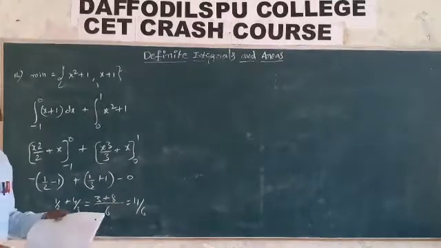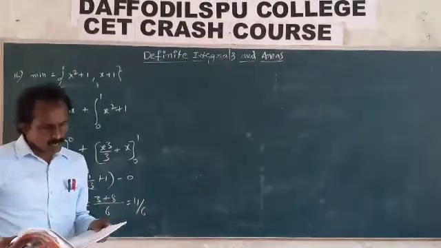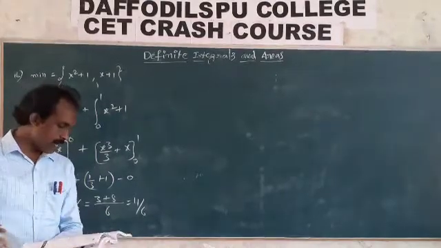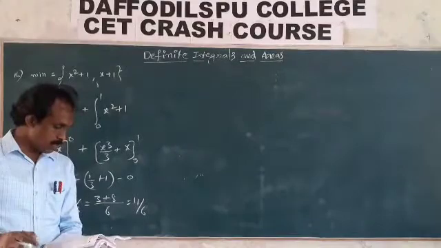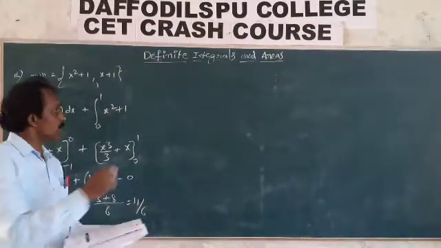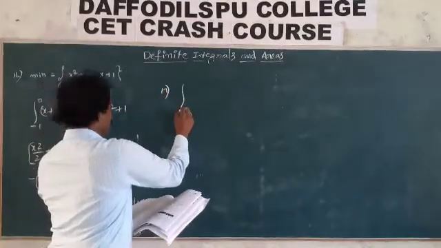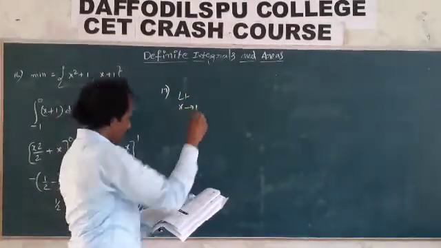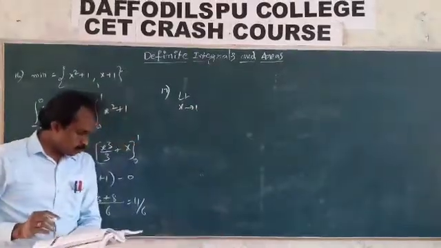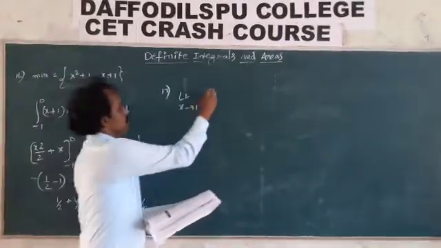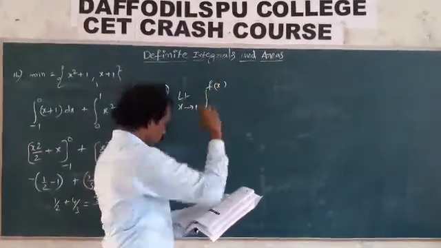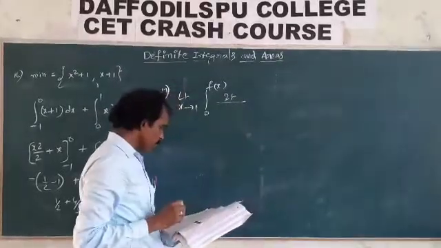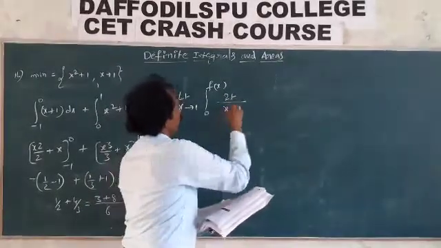Next, 17. Let f maps R to R be a differentiable function such that f of 1 is equal to 4 and f dash 1 is equal to 2. Then the value of limit x tends to 1 of integral 0 to f of x, 2t dt, by x minus 1.